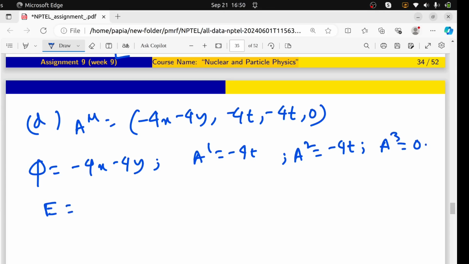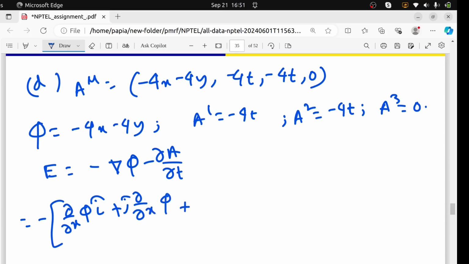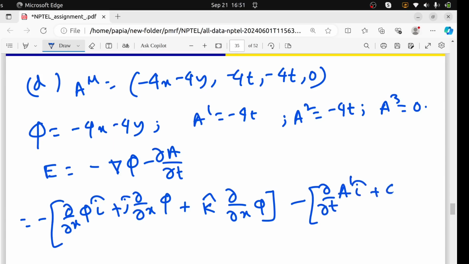So our E is minus grad phi minus del A del t. So if I write that one, then minus del x of phi i cap plus del y of phi j cap plus del z of phi k cap, minus del t of a1 i cap plus del t of a2 j cap plus del t of a3 k cap.